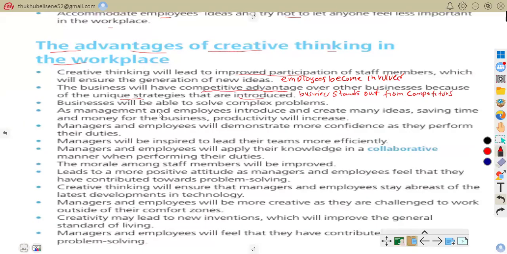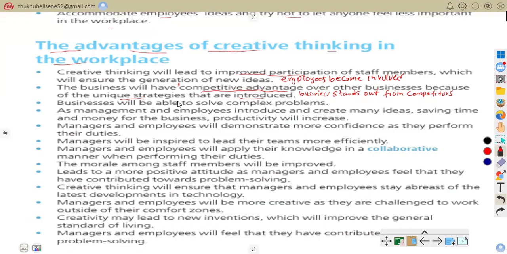That's when you are making sure that creative thinking gives a business competitive advantage, because you're going to offer unique products that are different from your competitors.